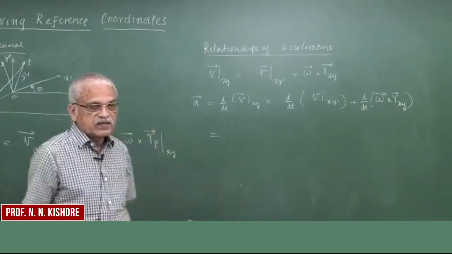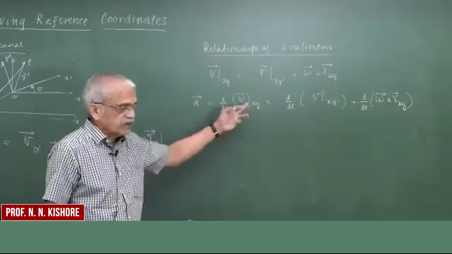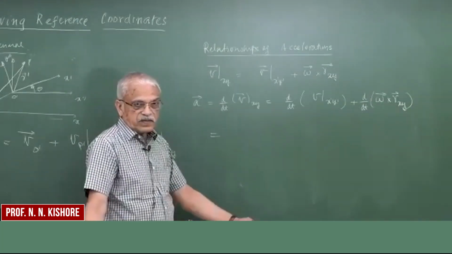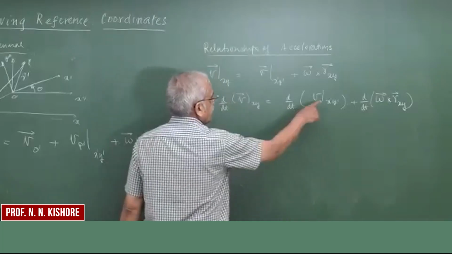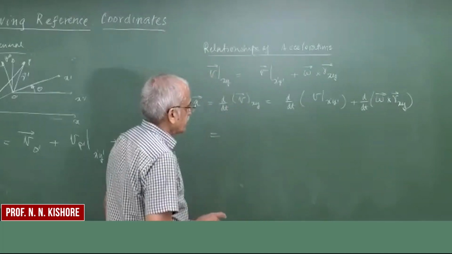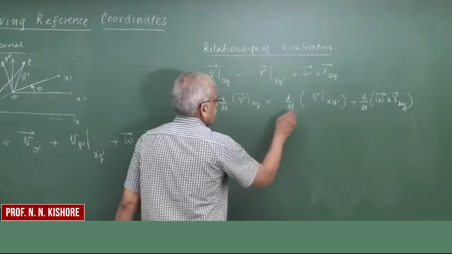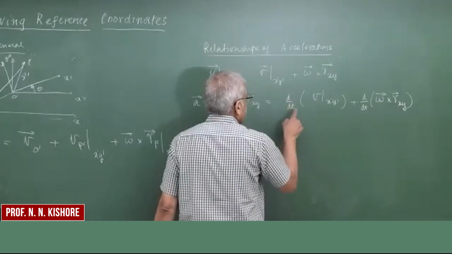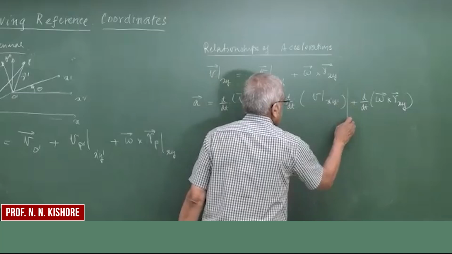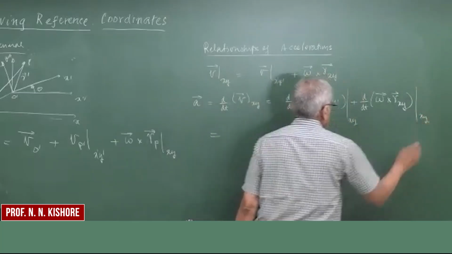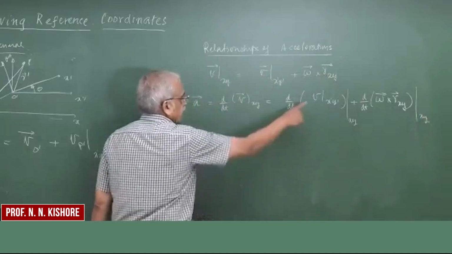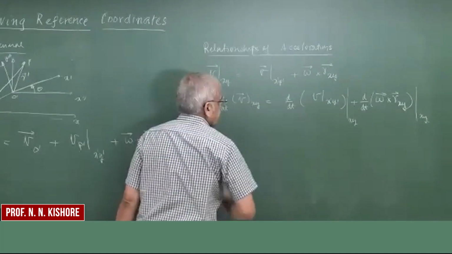So to get its derivative into the fixed frame, what do we need? What we need is the d dt of vxy itself. That means I want to get the time derivative in the xy frame itself, right? To do that, the observations are made in x prime y prime.